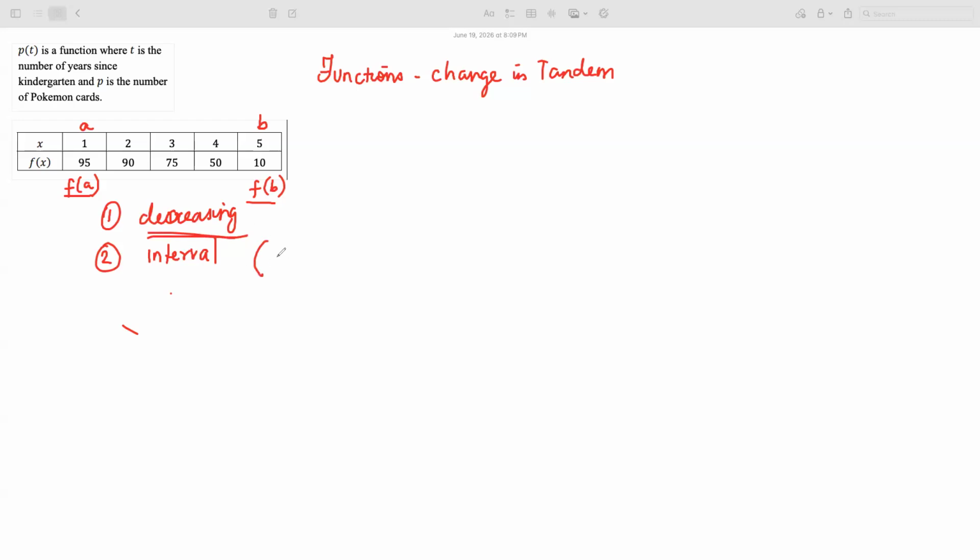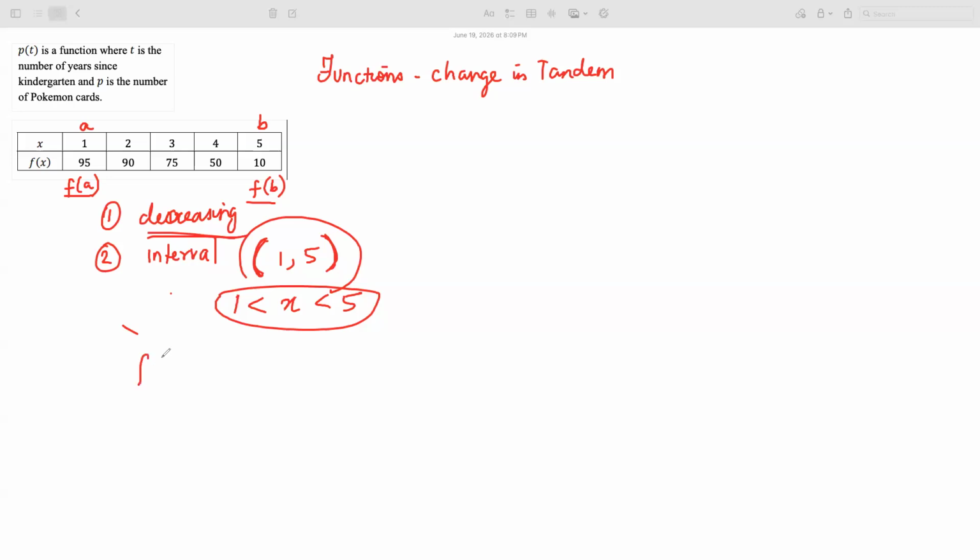When you write the interval, you will write it using parentheses. Remember, no square brackets for increasing decreasing intervals, is what we learned in algebra 2. We are not talking about domain or range. We are talking about increasing decreasing interval. So you will write it out as 1 less than x is less than 5 if it is inequality notation, and if it is interval notation, you will write it like this for the decreasing interval.